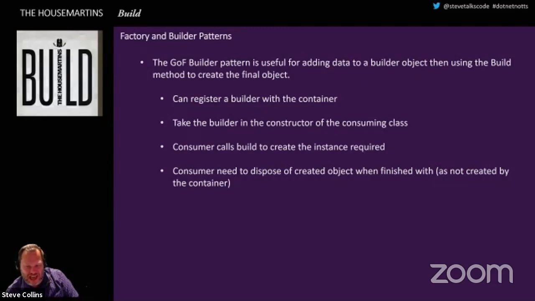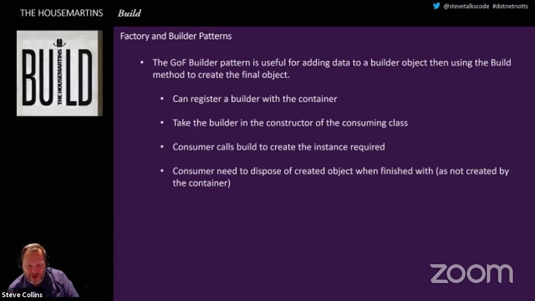If you've got a particular class where you need to instantiate it, and then you need to apply various methods or properties to it, you can use the builder to do that for you. So the basic empty class, you'll register with the container, you'll register the builder, and in the constructor to the builder, you'll take in the class that ultimately you want to spit out at the end of it, being consumed from the container.